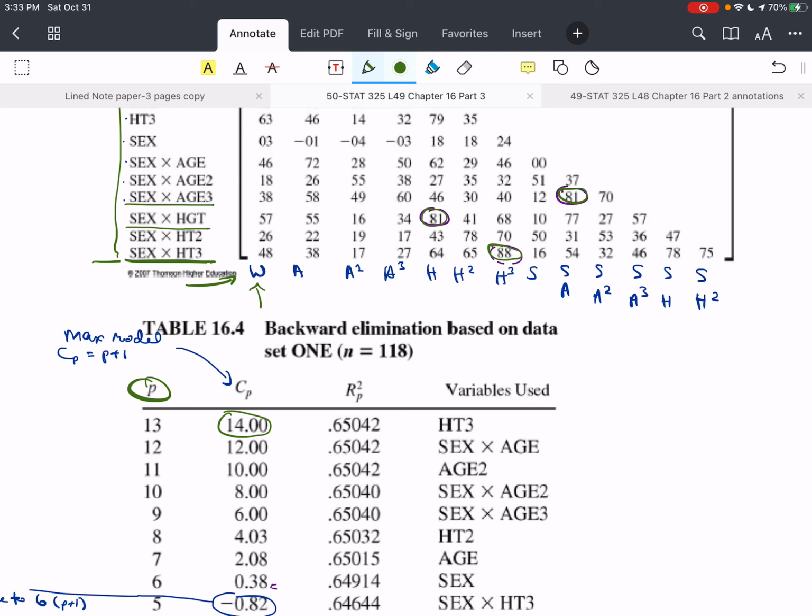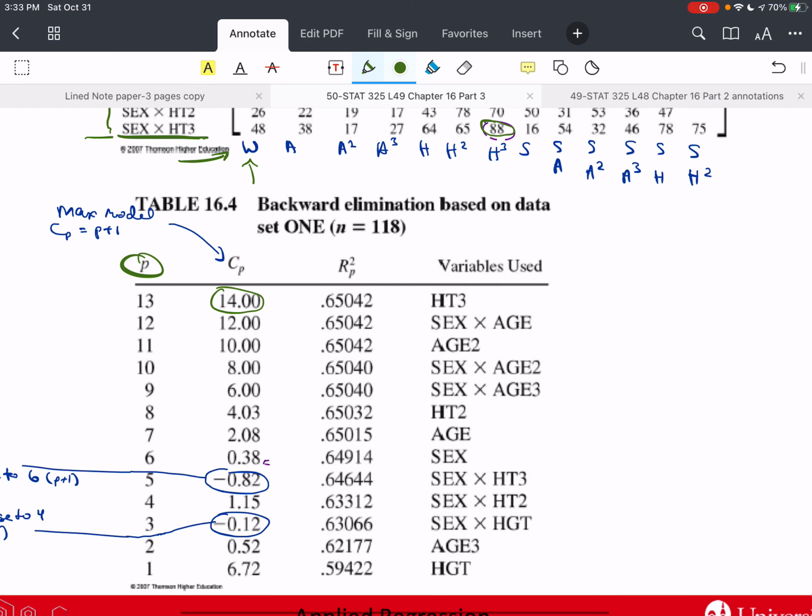And so with all 13, here is a backward selection, just throwing everything in there and saying, do a backward selection by removing whichever one has the highest p-value above 0.1. So this is the variables. It says variables used, but there's 13 variables in here, so that doesn't really make much sense to me.